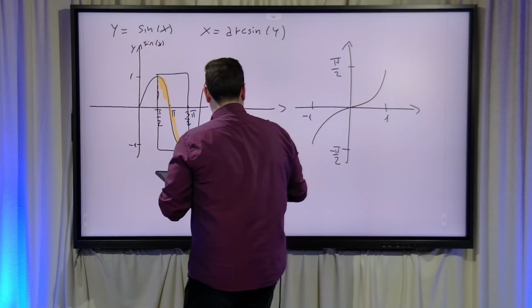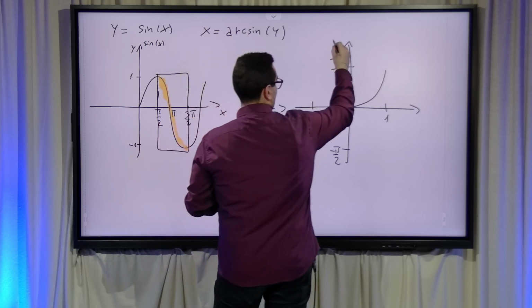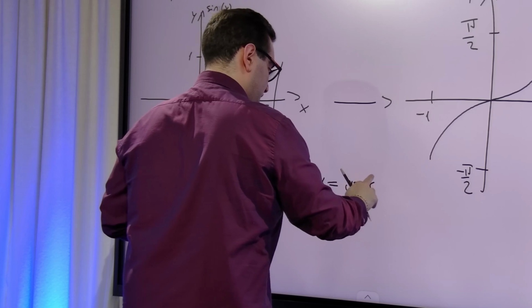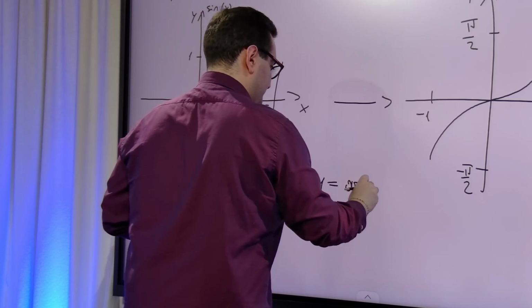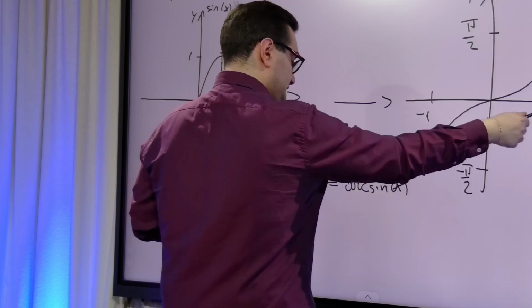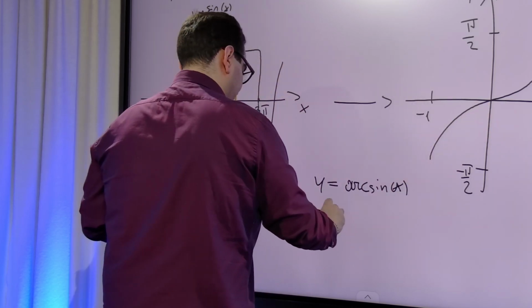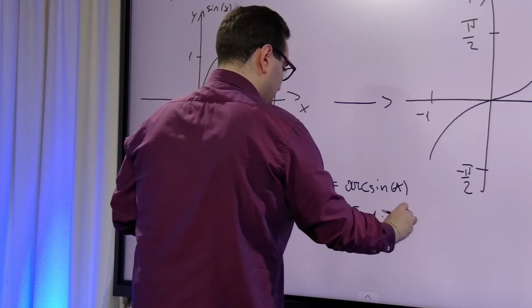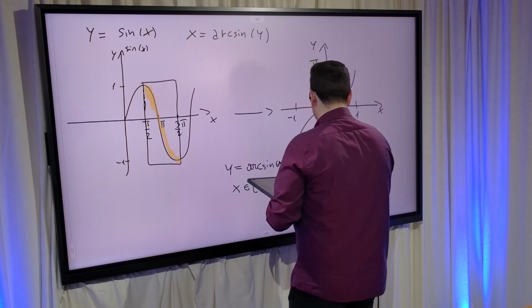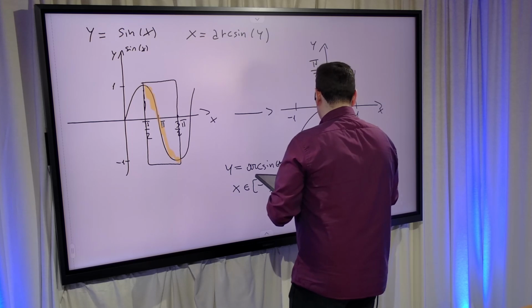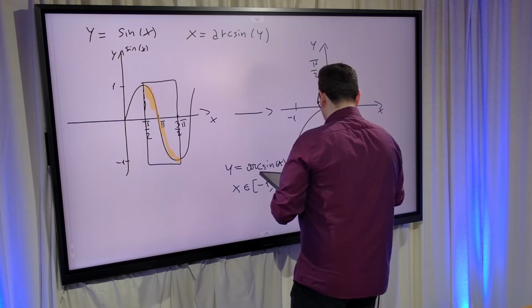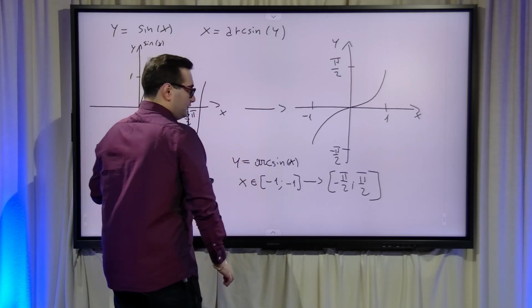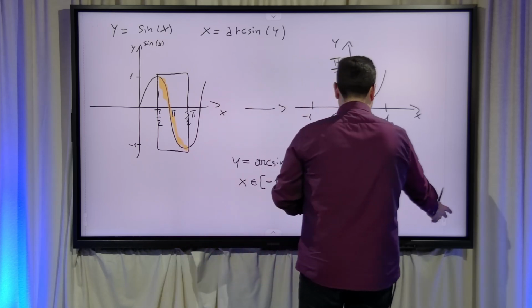So we are saying that the arcsine of x is a function that goes from the range -1, 1, and has values in minus half pi, half pi. Okay, so let's do the same for the cosine.